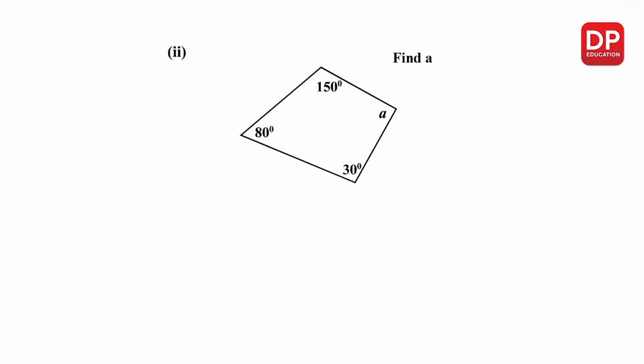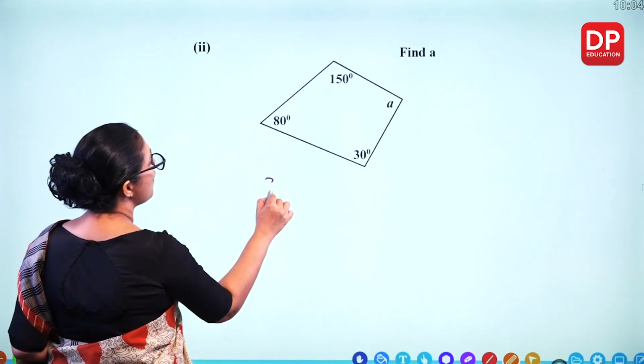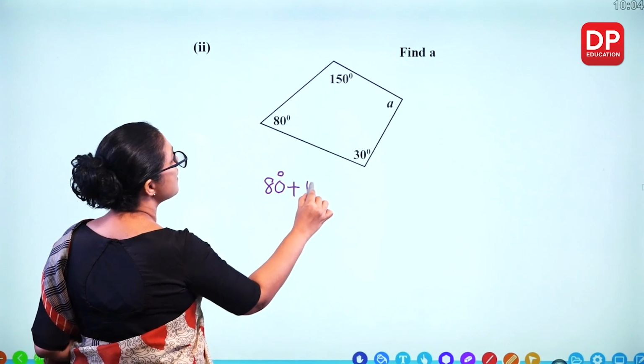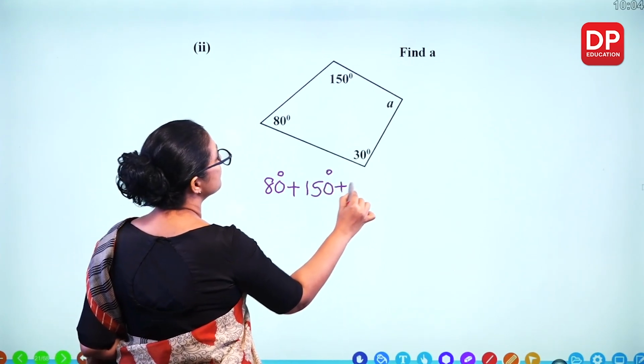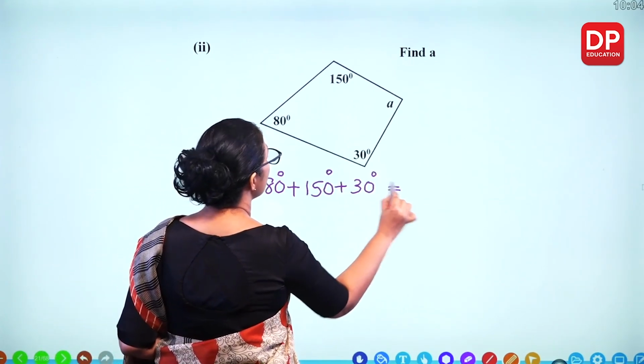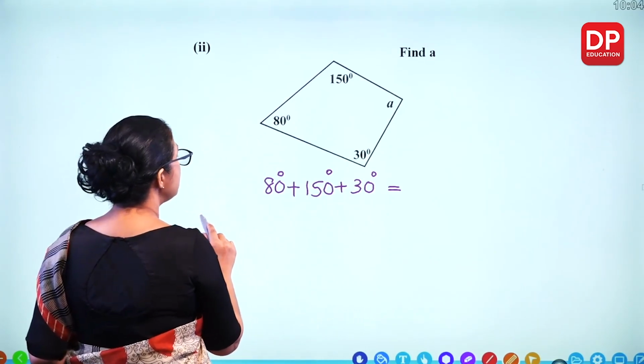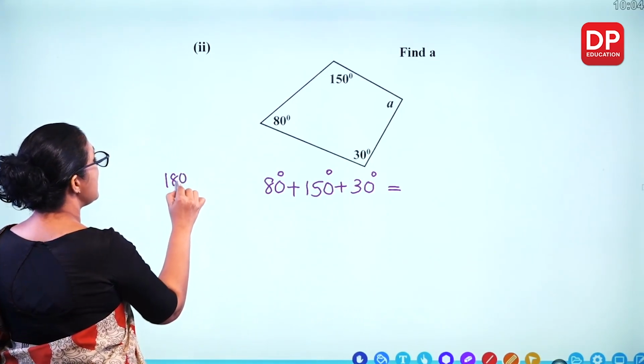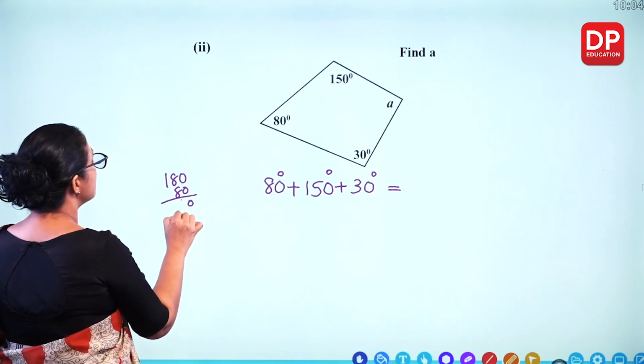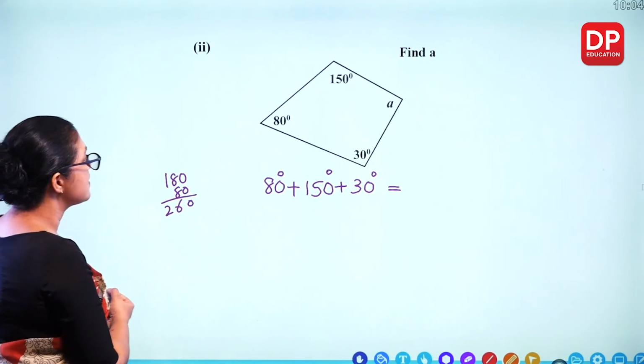This is a quadrilateral, a four-sided polygon. Find A. So we'll find out the sum of these three angles. You get 150 plus 30, 180. 180 and 80, you get 260.